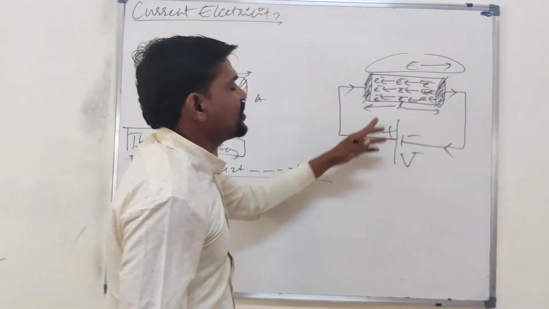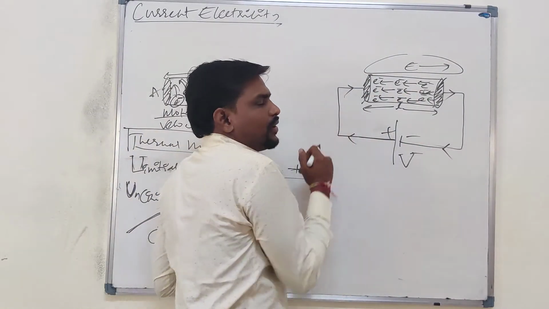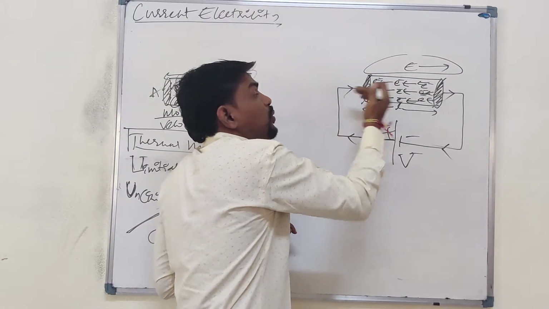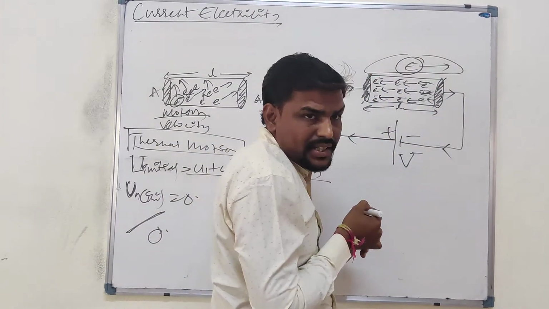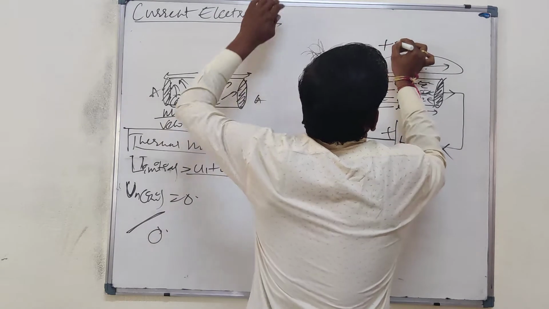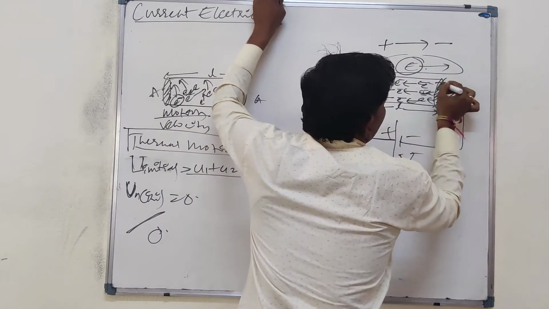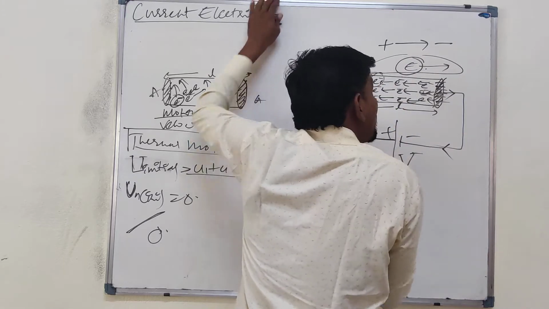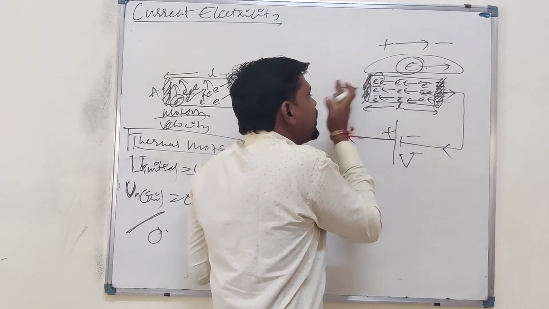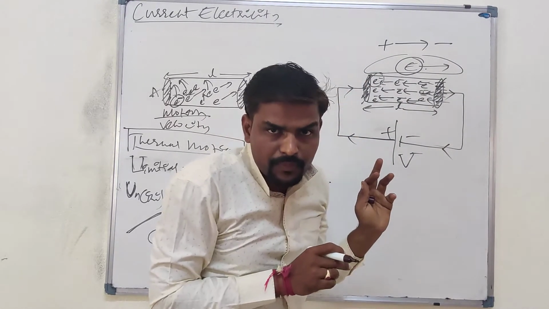All electrons align with the positive end of the conductor because of this electric field. The electric field is from positive to negative. Here there is a negative and here there is a positive. These are electrons, meaning negative, attracted towards positive.